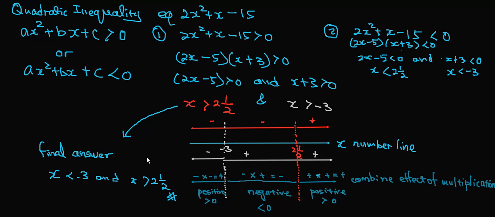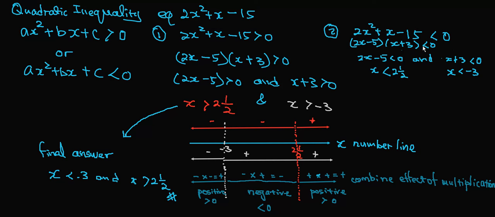So the final answer would be x must be less than -3, and then x must be more than 2.5, for this whole function to be more than 0. This is another way of looking at it.